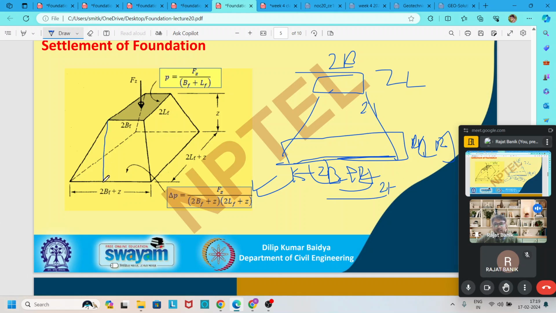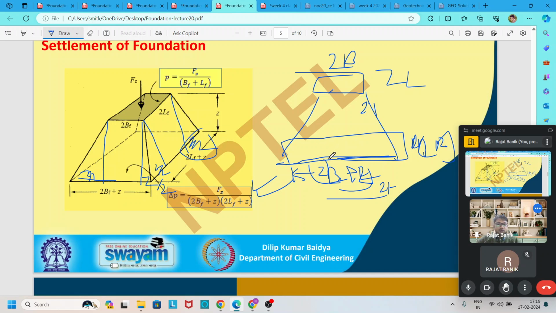If you consider this, here it is Z by 2, here it is also Z by 2. You consider this, here it is Z by 2, here also Z by 2.